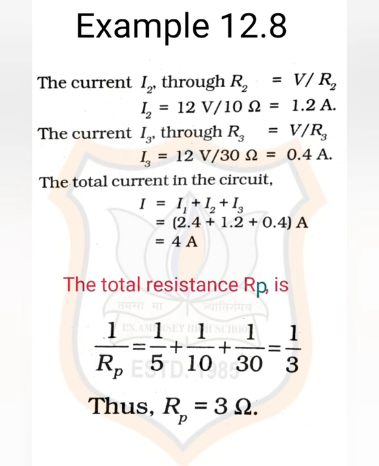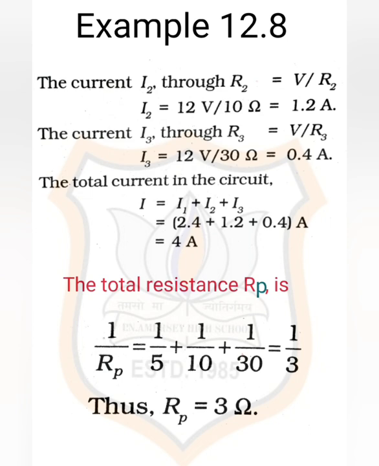Then the current I2 through R2 will be equal to V upon R2. Hence, I2 is 12 volts upon 10 ohms, because 10 ohm is R2, and it gives 1.2 ampere of current, that is, I2 is equal to 1.2 ampere.